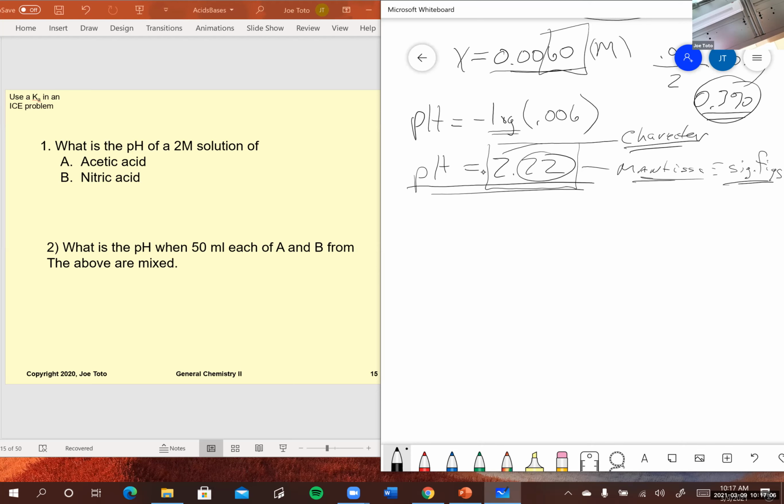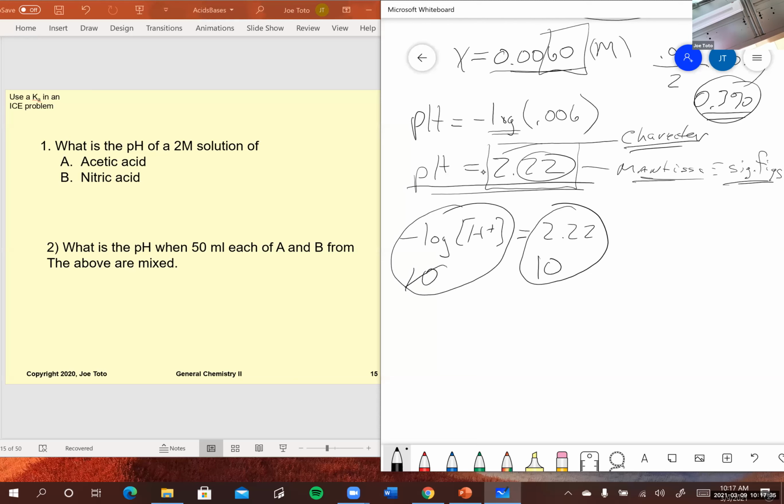So in other words, pH equals minus the log of H plus. And if that equals 2.22, and I want to calculate what H plus is, then I have to take the inverse log of both sides. The inverse log of both sides is 10 to the whatever. So if I do a 10 to this, then I have to do 10 to the other side.